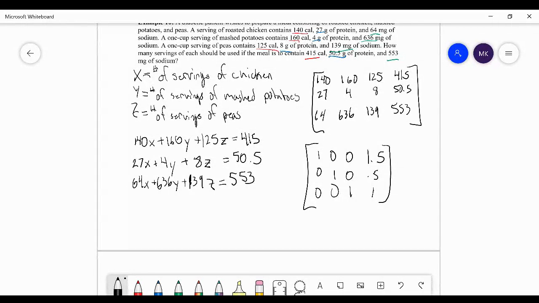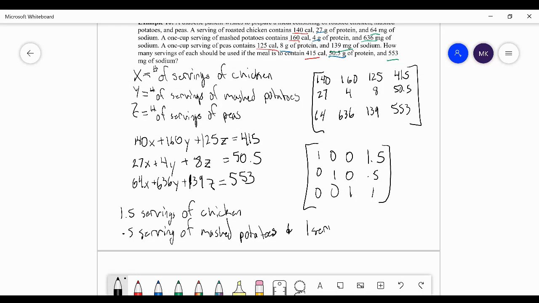Which means we are going to have 1.5 servings of chicken, a half serving of mashed potatoes, and 1 serving of peas.